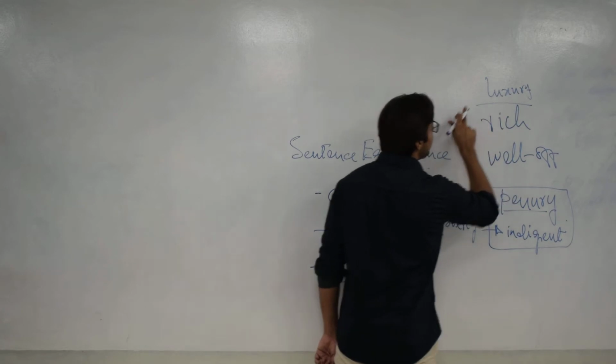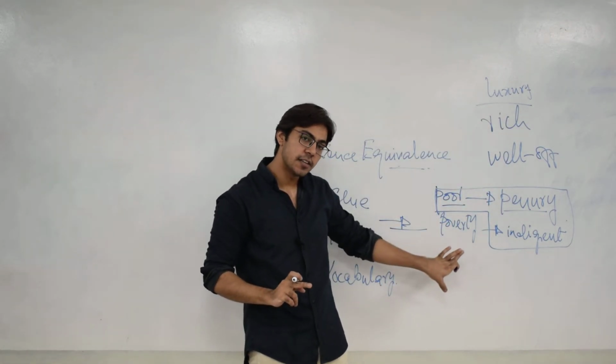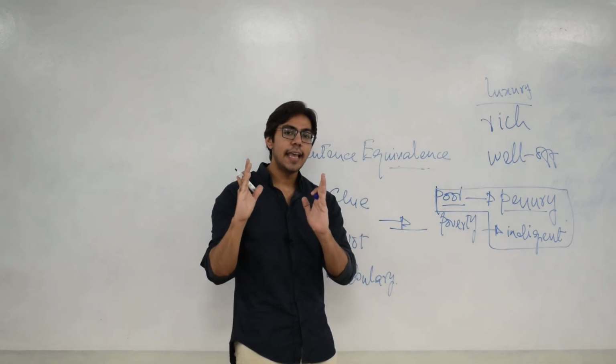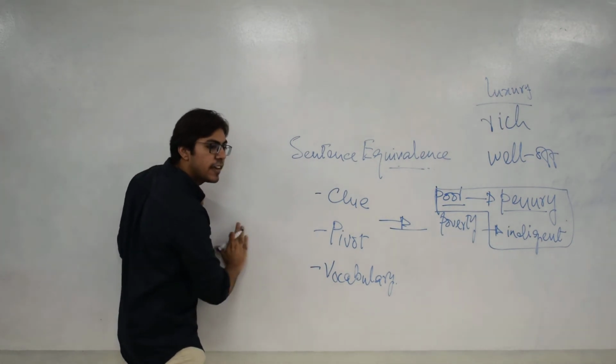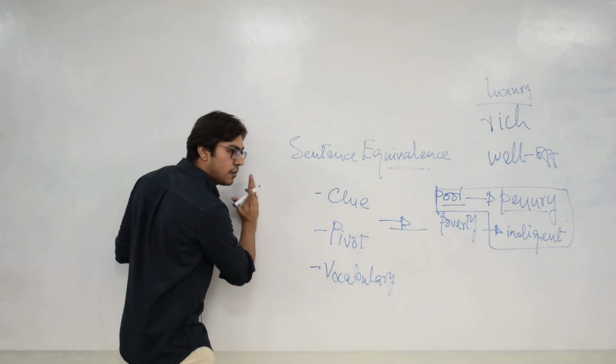Now we understand that these words are not the same, but they roughly follow a similar connotation. So every time you're looking at a sentence equivalence question, what you can easily identify is there are 2 sets of synonyms and 2 sets of irrelevant words. This makes it a lot easier to attempt sentence equivalence.